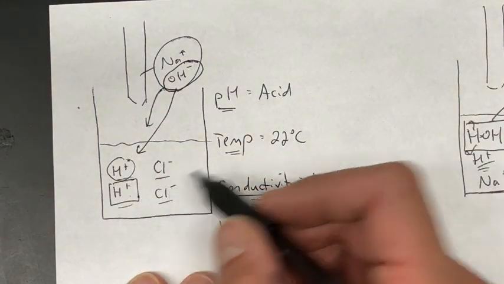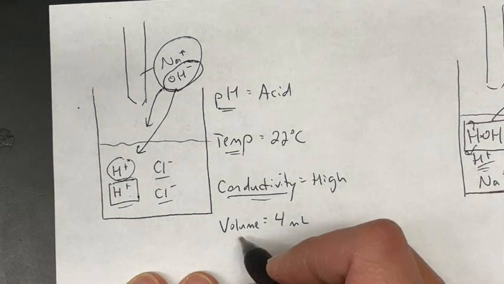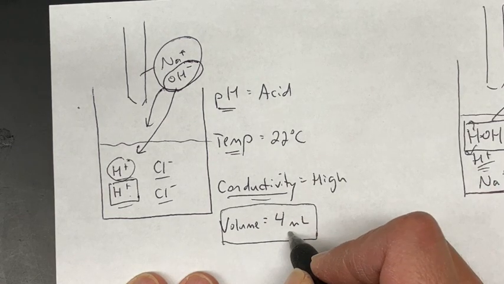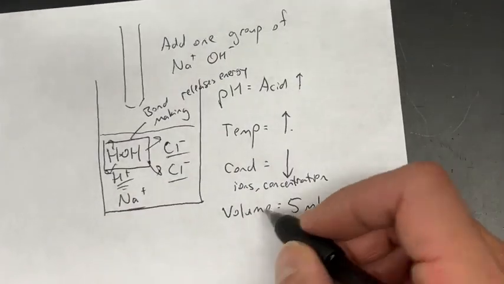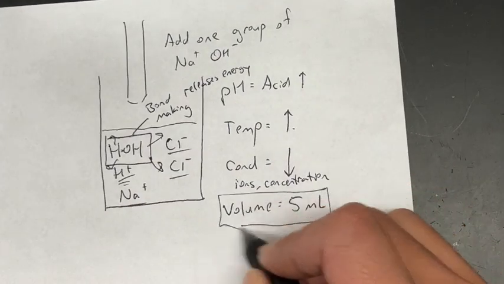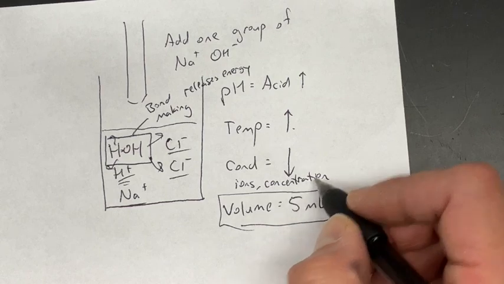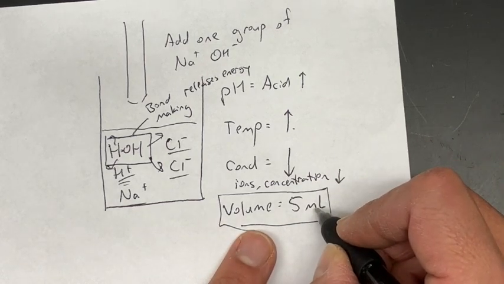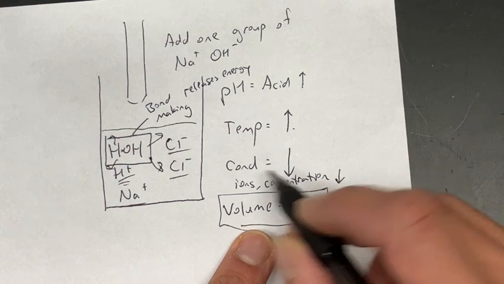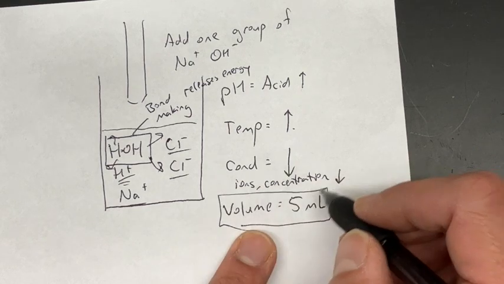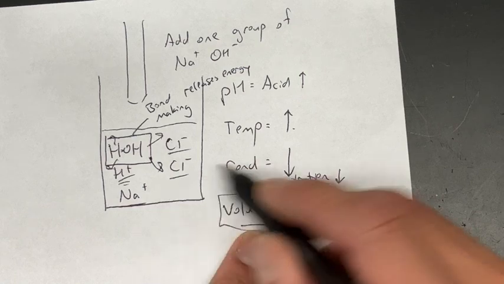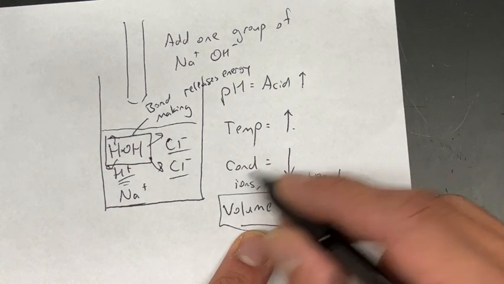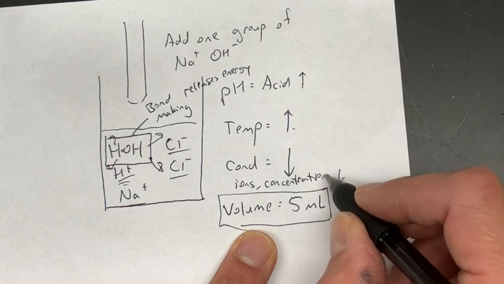The number of ions doesn't change. However, the overall volume was 4 milliliters here. The overall volume is 5 milliliters here. And so my concentration of ions is also going down because I have more liquid in this beaker. So same number of ions, more volume. Remember, it's the number of ions over the volume, and that's why that's going to go down.